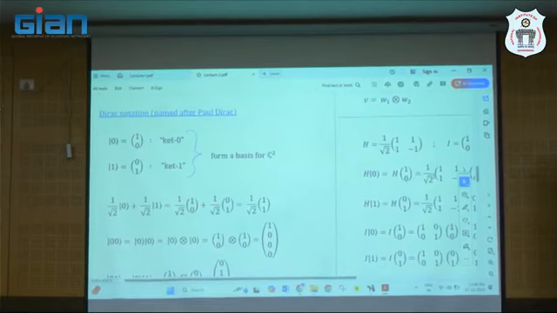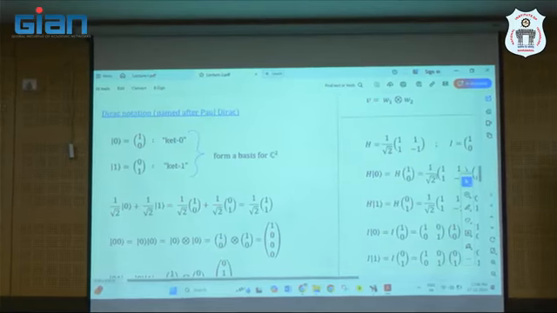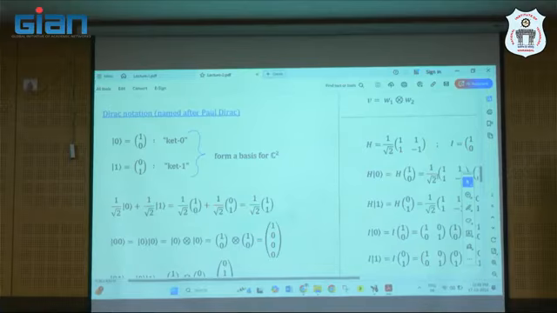Whenever you have two matrices, suppose we are writing them next to each other and the dimensions don't match, then the only operation that makes sense is the tensor product. Both are column vectors, and we are writing column vectors next to each other. The only operation that makes sense is the tensor product.